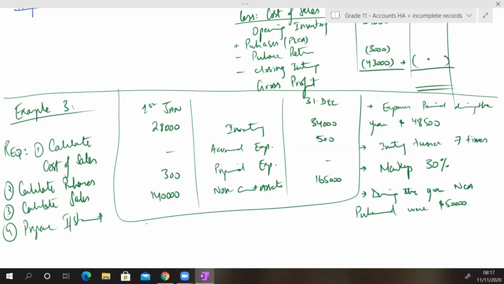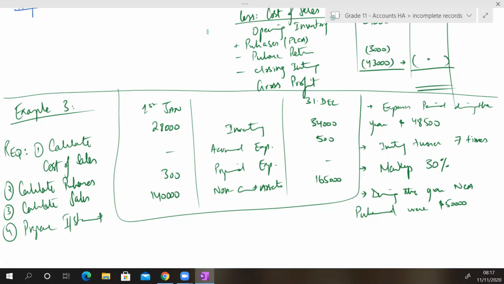Now, can anyone tell me by looking at the question, how can I calculate cost of sales? कैसे calculate कर सकते हो cost of sales? कोई बता सकता है? The first requirement is to calculate cost of sales. कैसे होगा? By adding the expenses. कैसे बेटे?